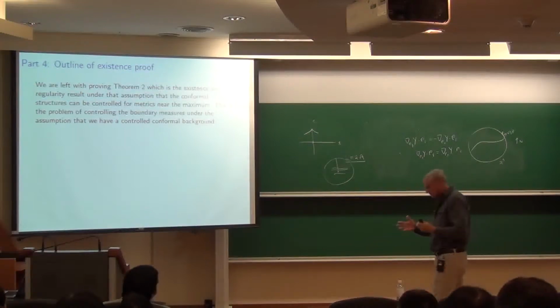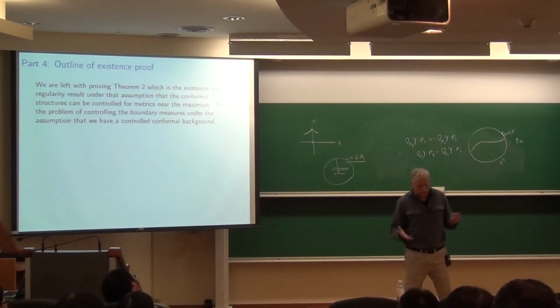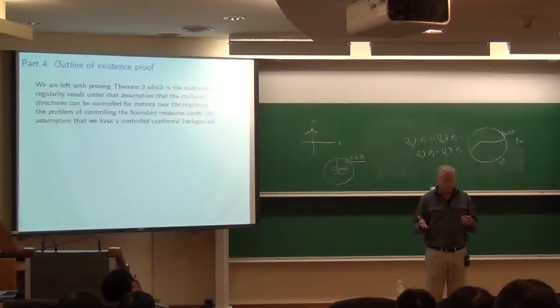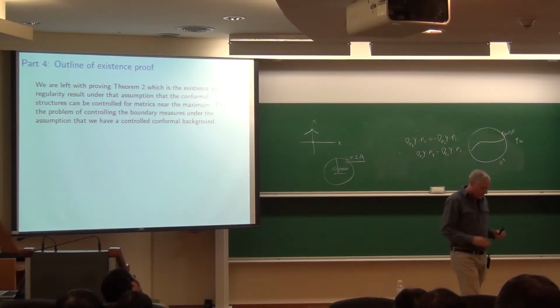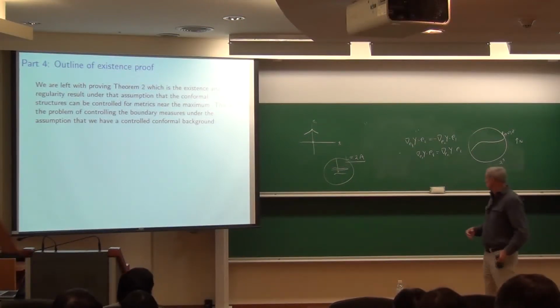So when you solve the Plateau problem or any variational problem, typically, if you want to use direct methods to do it, then you have to take your family of functions and you have to complete it. Right? You have to be able to work in some Sobolev space where you have weak compactness results, and you can actually produce a minimizer. And so, in our case, what are we trying to do?